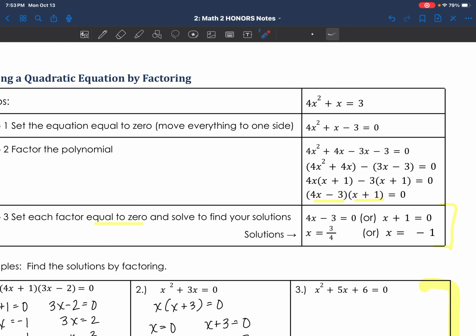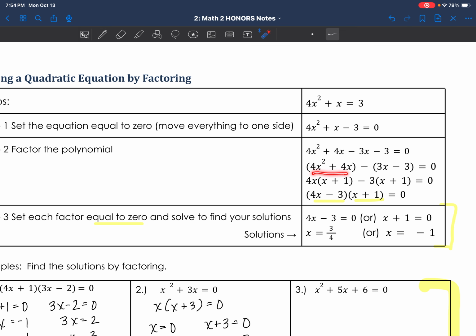So how you choose to do it is up to you, but in this case, I would do 1x. So since this is 1x, you could do your x method, however you want to do, but I ended up getting 4x squared plus 4x and negative 3x plus 3, because 4 times 3 is 12.